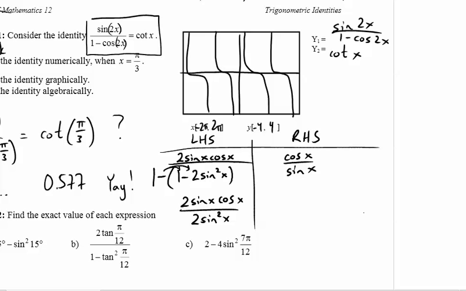So the 2's cancel, the sines cancel, and you're done. So choosing the right version of the cosine can really help simplify your steps.